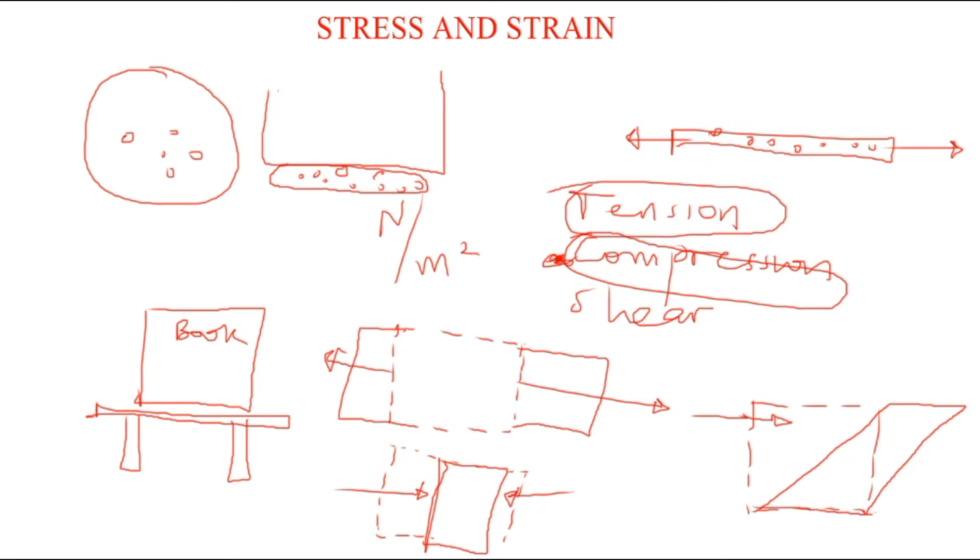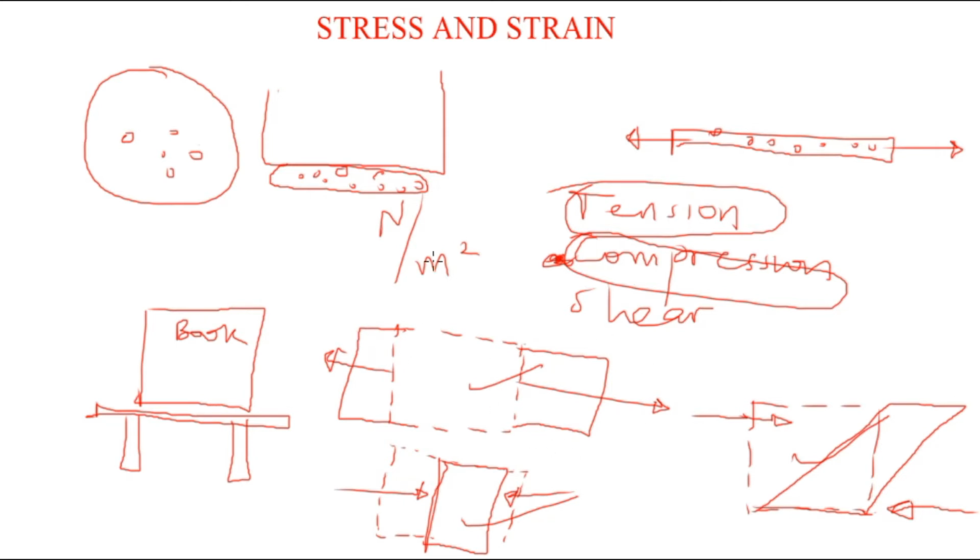As a result, there will be an opposite force here. So for it to move in this way, that means there is also an opposite force that moves in this direction. The books are still on the table. So in this case, this is a tension acting on the body. This is a compressive force acting on the body, and this is shear stress on the body.